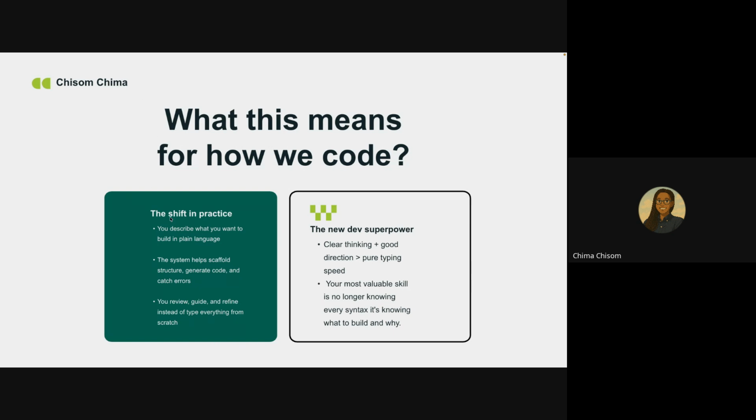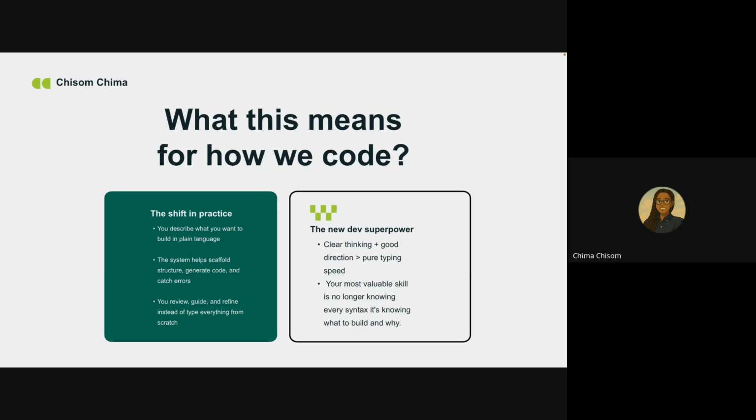So the shift in practice: you describe what you want to build in plain language. The system helps scaffold the structure, generate code, and catch errors. You review, guide, and refine instead of typing everything from scratch. So the new developer superpower is no longer typing fast. The new developer superpower is the ability to think, good direction, and even system design.